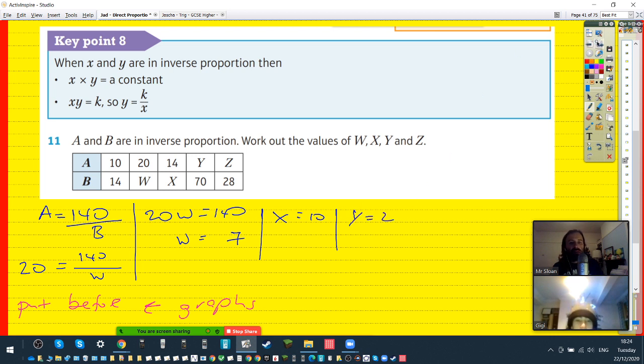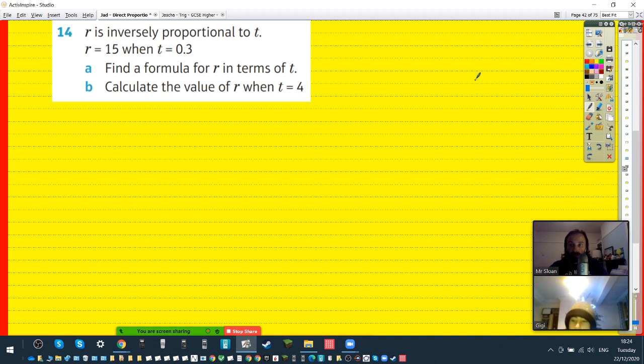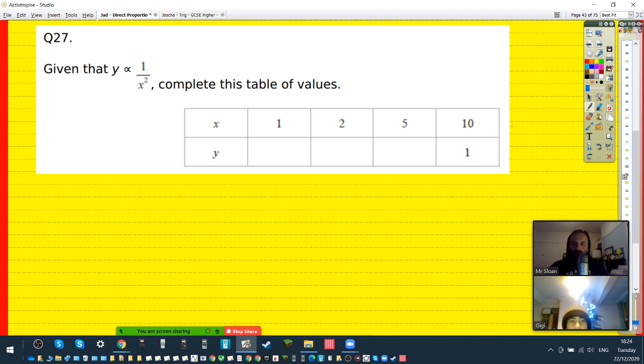Great. Let's see this one. T is 4. That's before graphs. I'll do that. That's going to be alright. Yeah. Alright. Exam questions. Try this.